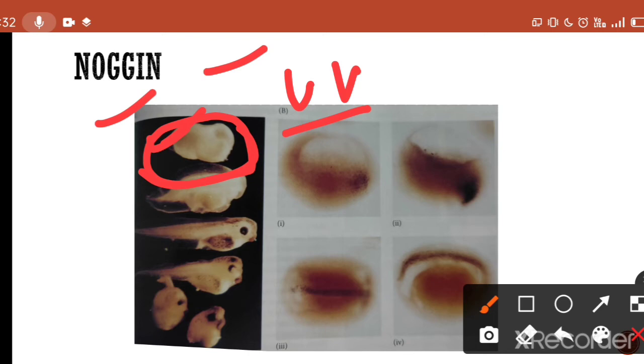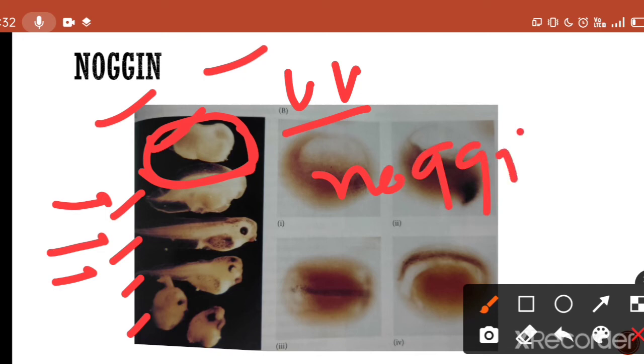If such an embryo is injected with noggin mRNA, it develops dorsal structure in a dose-related fashion. If we see here, we can say that if we inject noggin mRNA, it will induce the dorsal region in the embryo.